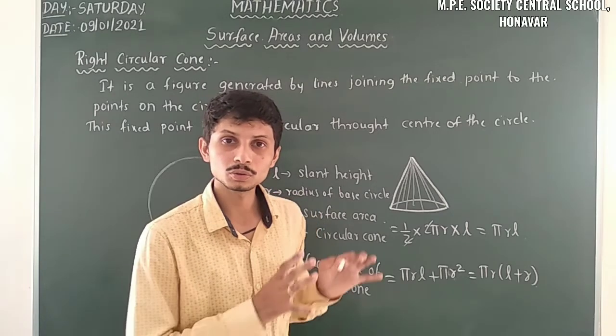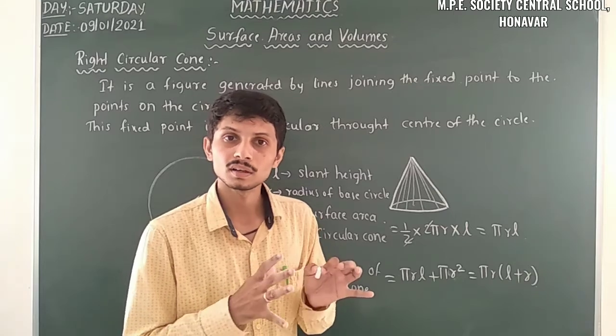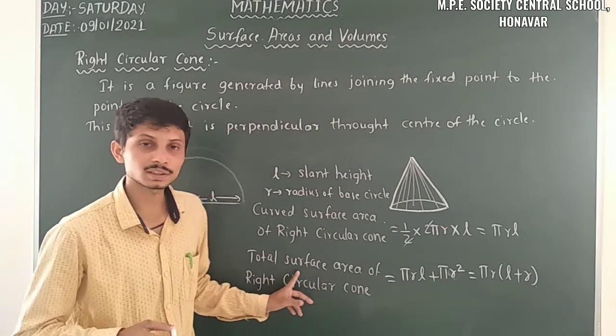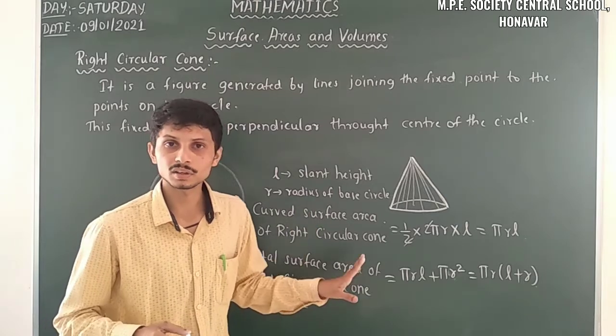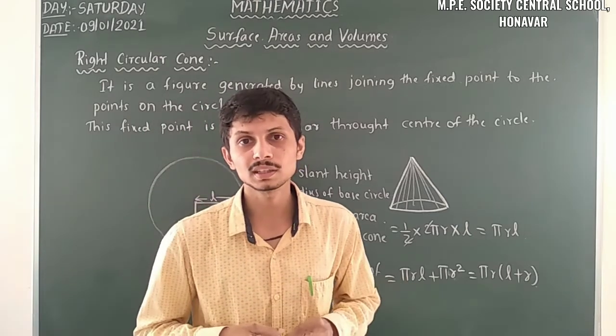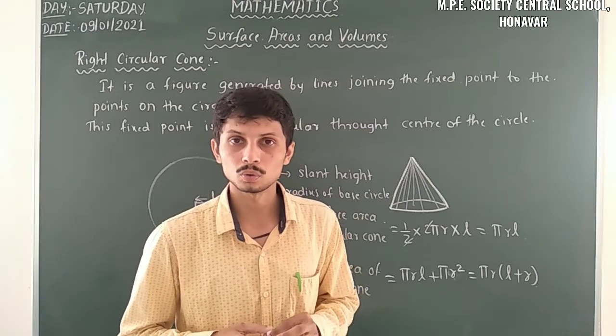I hope you understood how to get the formulas of the right circular cone. There are two formulas, curved surface area and total surface area. Let us take some problems based on the curved surface area and the total surface area of the right circular cone.